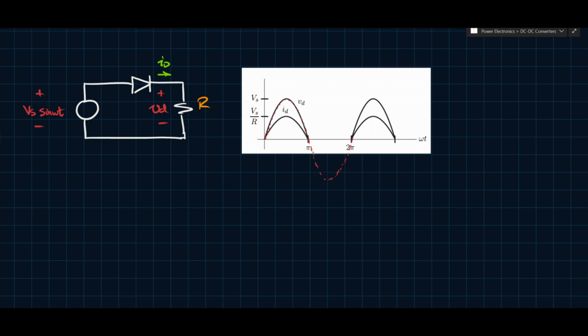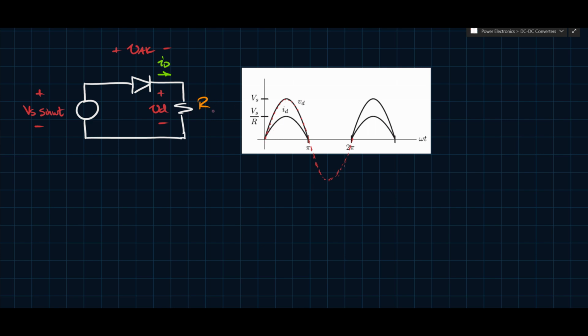But what happens here is when this voltage goes greater than zero, the voltage across the diode, let's call it VAK, anode to cathode, becomes greater than zero when Vs is greater than zero. So when that's greater than zero, the diode turns on and begins to conduct.